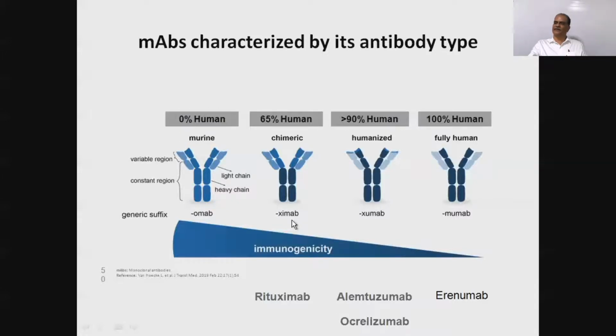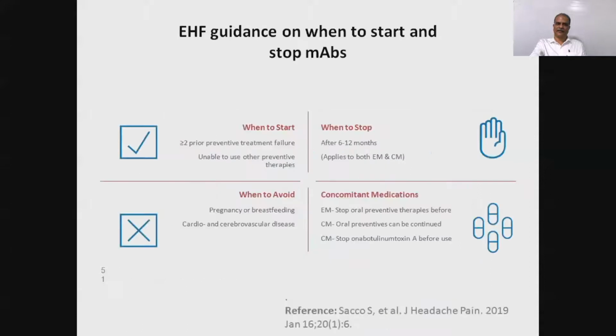Zumab, that is your rituximab, is 65% human. When you have your multiple sclerosis medications like alemtuzumab, it is more than 90% humanized monoclonal, and erenumab comes as 100%. So there is not much immunogenicity because it's a fully humanized monoclonal antibody.